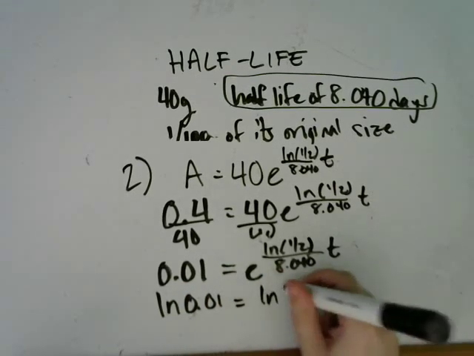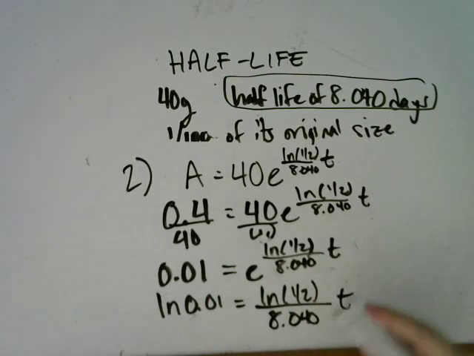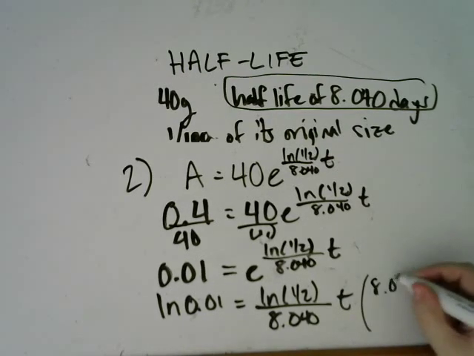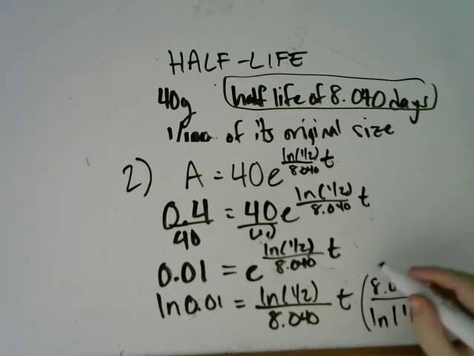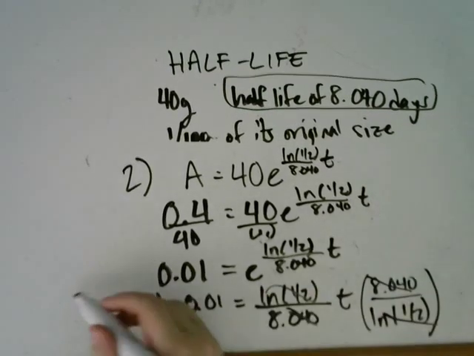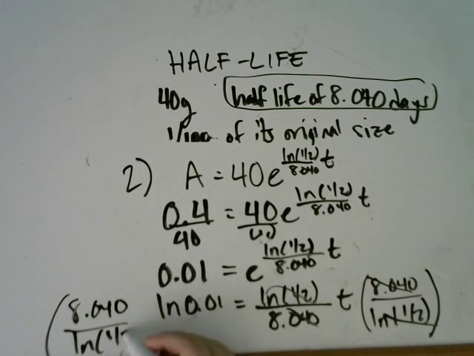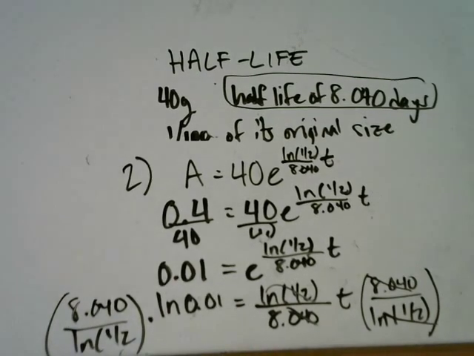And we need to divide by this coefficient, which is the same as multiplying by its reciprocal. So on the right, I can multiply by this, and that cancels, and on the left, I multiply by the same thing, and I type all of this into my calculator to find t.